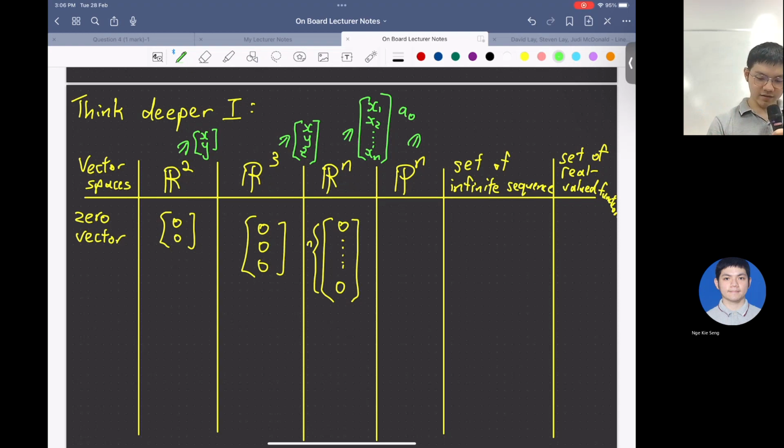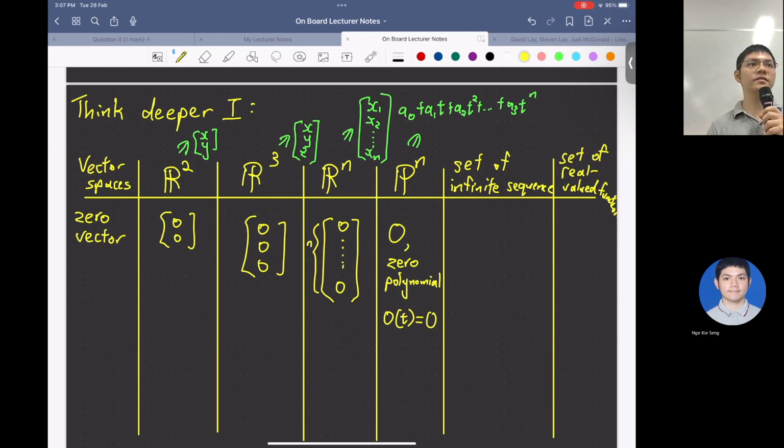So it looks like a0 plus a1 t plus a2 t squared plus dot dot dot up to an t to the n. I use t in this case. So what's the 0 here? We put 0 here. This 0 means the 0 polynomial. What does the 0 polynomial mean? It evaluates to 0 at any number.